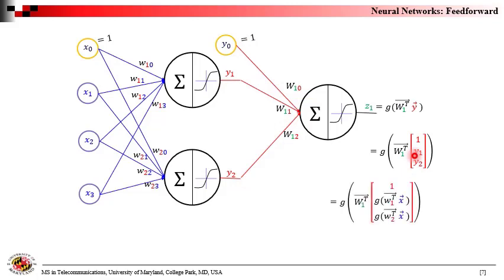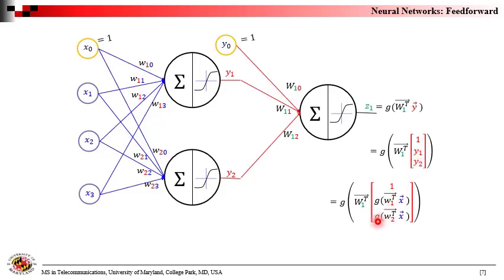But we also know that y1 and y2 can be obtained from the inputs. And how do we do that? Well, we know that y1 is equal to the sigmoid function of the weighted sum of all these weights times the input vector. And there it is, the sigmoid function of the input vector, column vector, times the row vector of these weights.